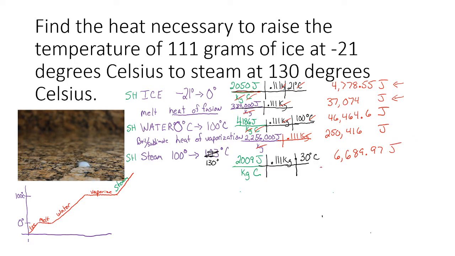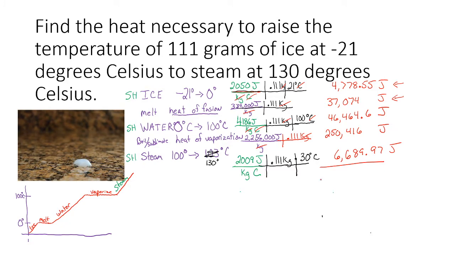Now, I want to find the total energy it takes, so I'm going to add up all these numbers. So I do my 6,000, because that's one still on my calculator, plus 250,416, plus 46,464.6, plus 37,074, plus 4,778.55.